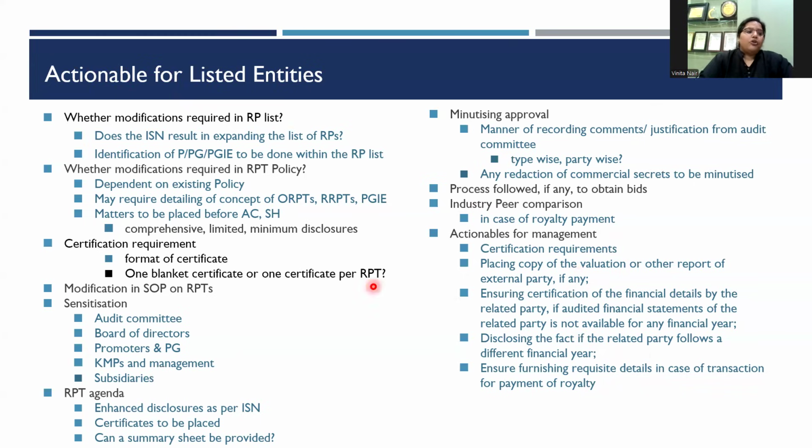So therefore, there are a lot of actionables, and the way in which the RPTs will be approved on or after 1st April undergoes a significant change. And yes, the preparatory steps will have to start from here onwards, where we understand the nature and kind of information to be presented, how we would collate it, how we standardize it, how we summarize it, and how we present it before the audit committee.